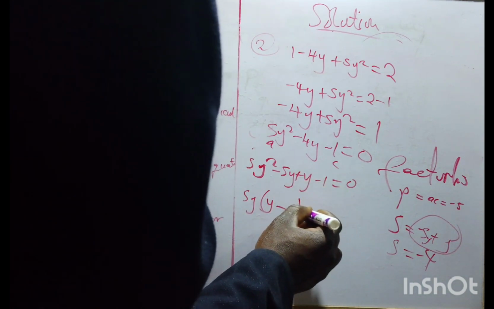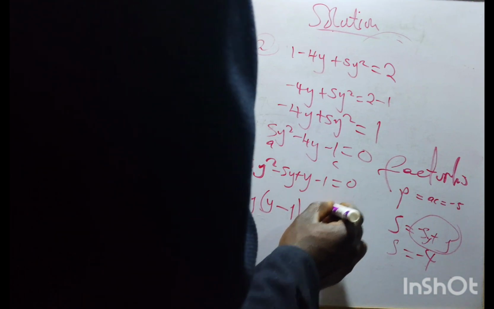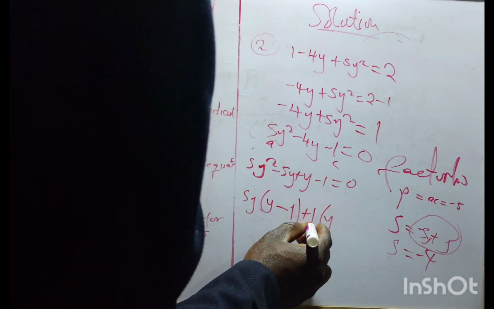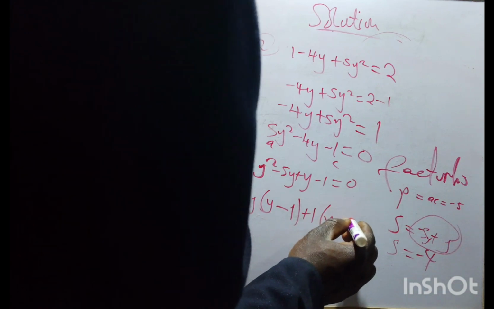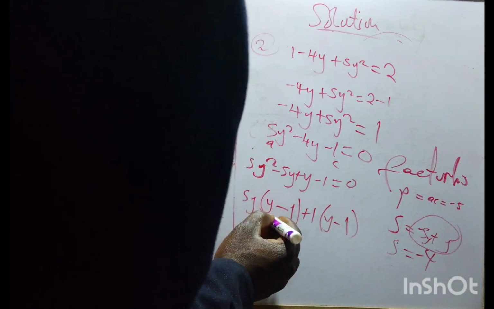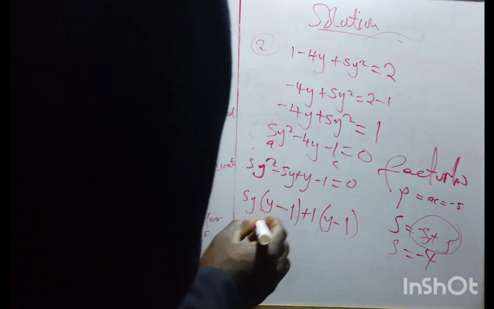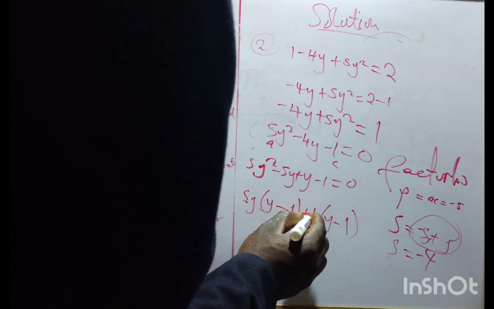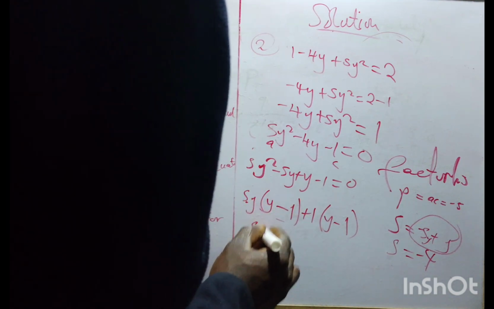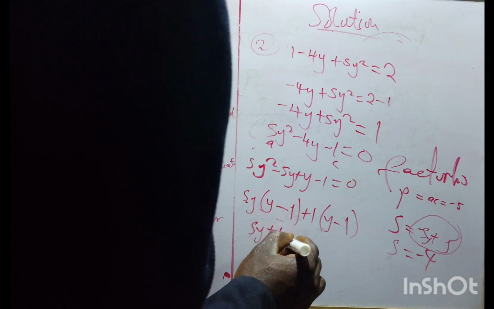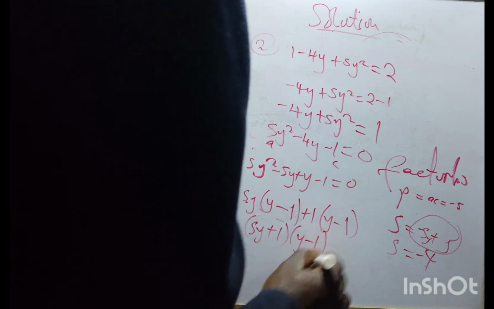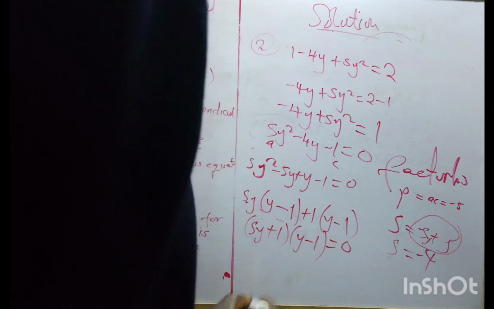What is common here is plus 1, then plus 1 into y gives y, 1 into minus 1 gives minus 1. Since these brackets are equal, we only write one, so we say 5y plus 1 and y minus 1, which equals 0.